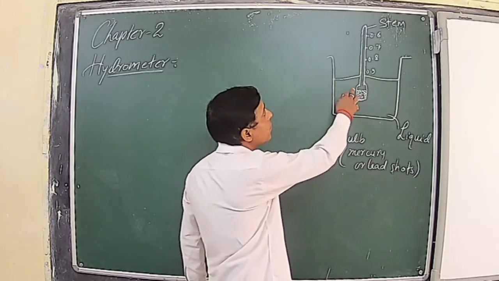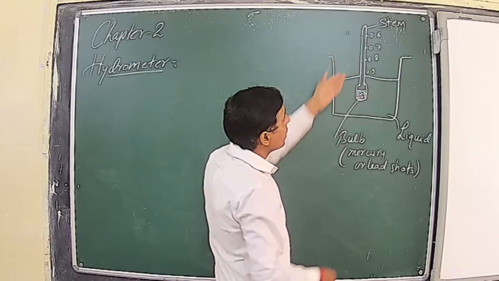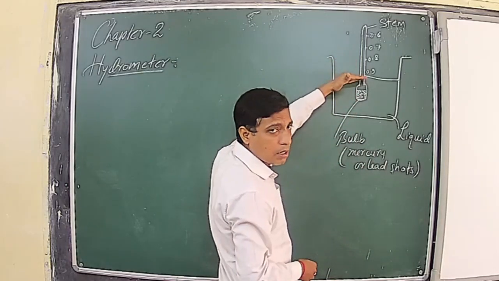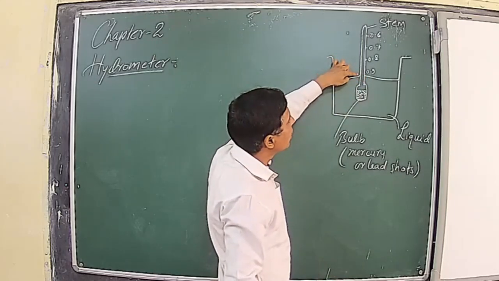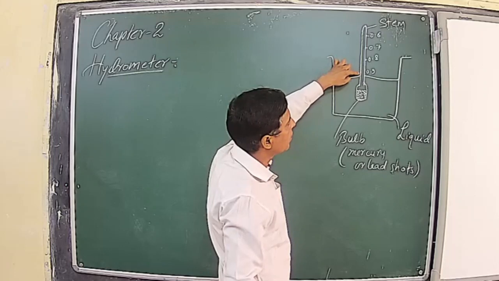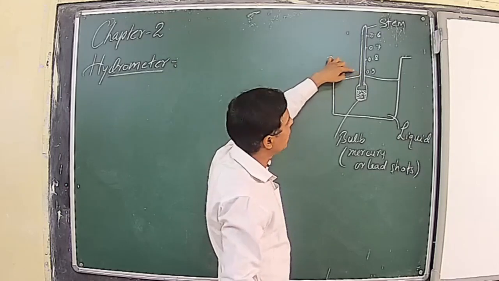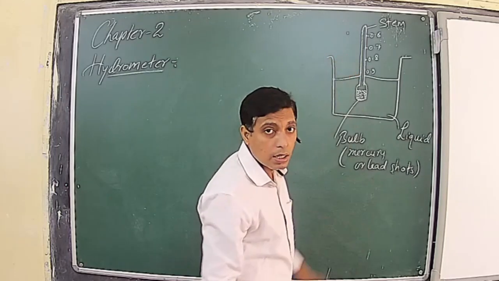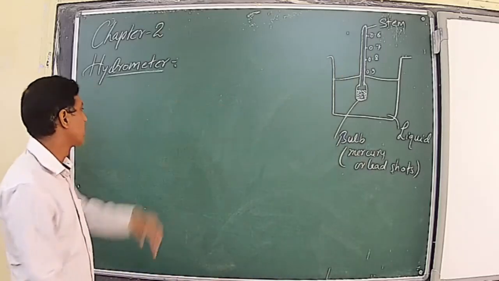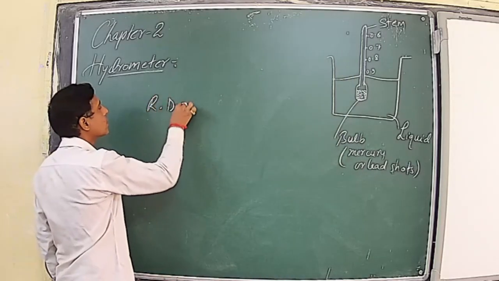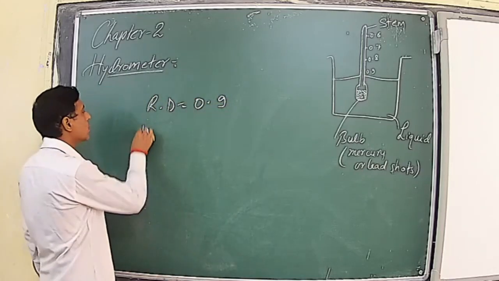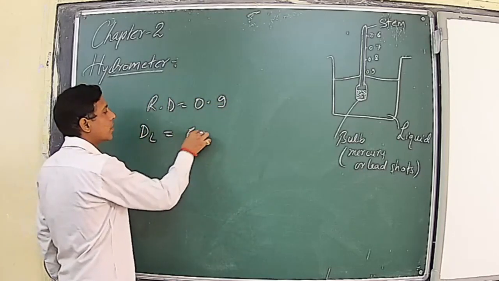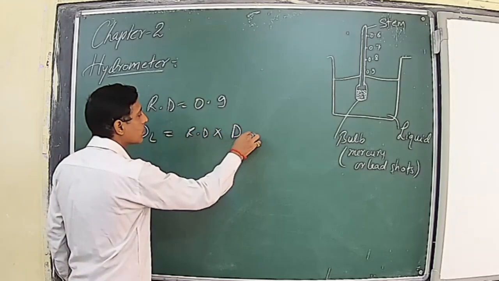Then we will take the reading. See which reading calibrated on the stem is coinciding with the surface of the liquid. Like here you can see it is 0.9. So the marking which is coinciding with the surface of the liquid will give the relative density. From this figure you can see that the relative density is equal to 0.9. Once you have the relative density, the density of the unknown liquid will be equal to relative density multiplied by the density of water.